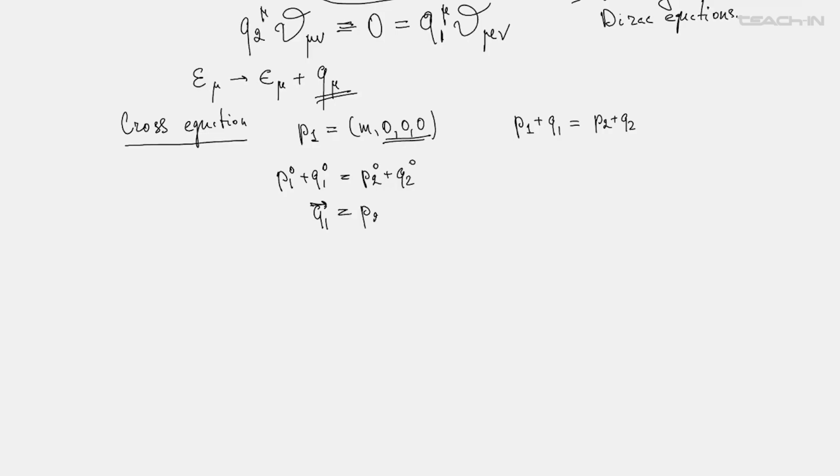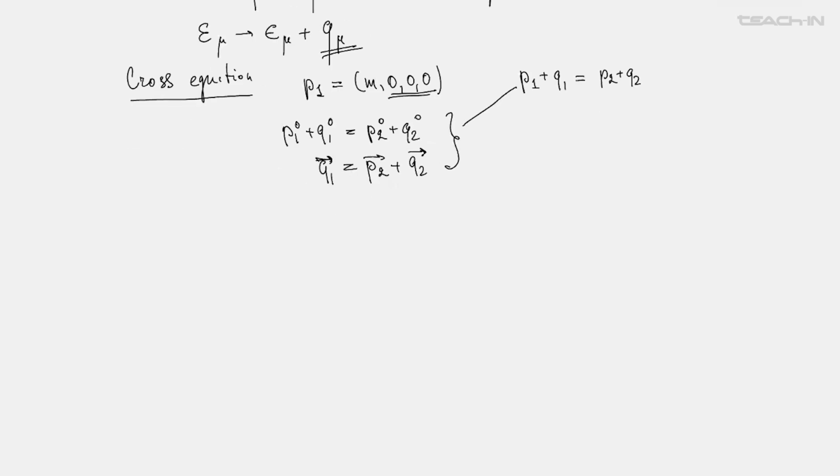So I split the conservation law for momenta into the conservation of energy and the conservation of spatial momenta. Now, from the second equation here, we can get P2, the spatial momentum of the electron after scattering.